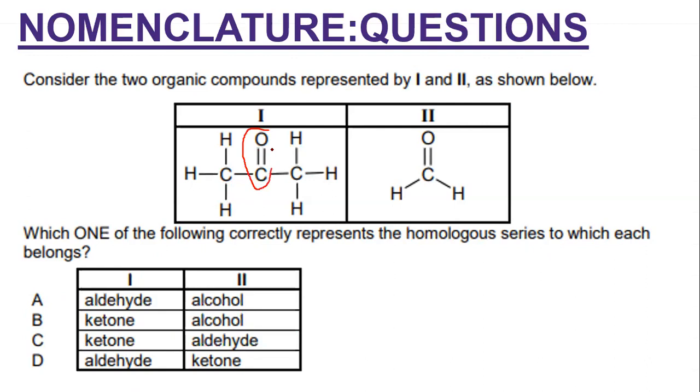Why? Because I have that carbonyl group bonded to 2 other carbon atoms. So when I see molecule 1, I know it's a ketone. Then when I see molecule 2, I have a C double bond O on the first carbon. In other words, molecule 2 is definitely an aldehyde, and it's actually an aldehyde with 1 carbon. So this is methanal. So there I have a ketone, there I have an aldehyde.